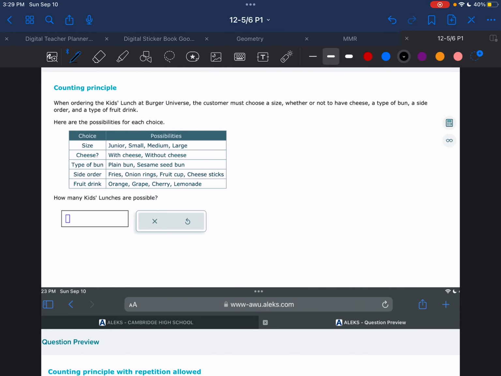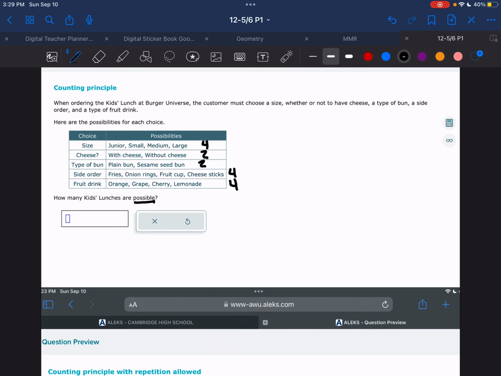All right, next one. When ordering the kids' lunch at Burger Universe, the customer must choose a size, whether or not to have cheese, a type of bun, a side order, and a type of fruit drink. So here, we're trying to figure out the possibilities. So again, we're going to use that counting principle. I have 1, 2, 3, 4 options here, 2 options here, 2, 3, 4, and 4.